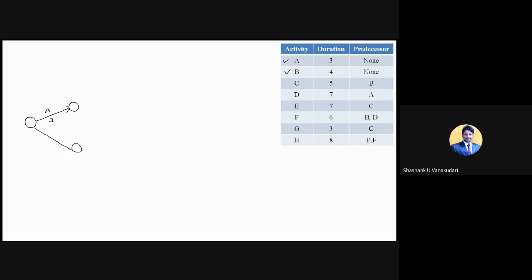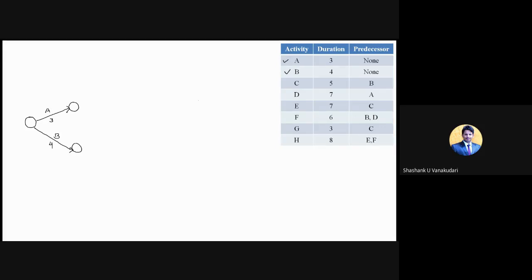This activity B carries how many days? 4 days. For this also there is no previous activity, so this is also the first activity of the network diagram. So A and B are starting simultaneously.